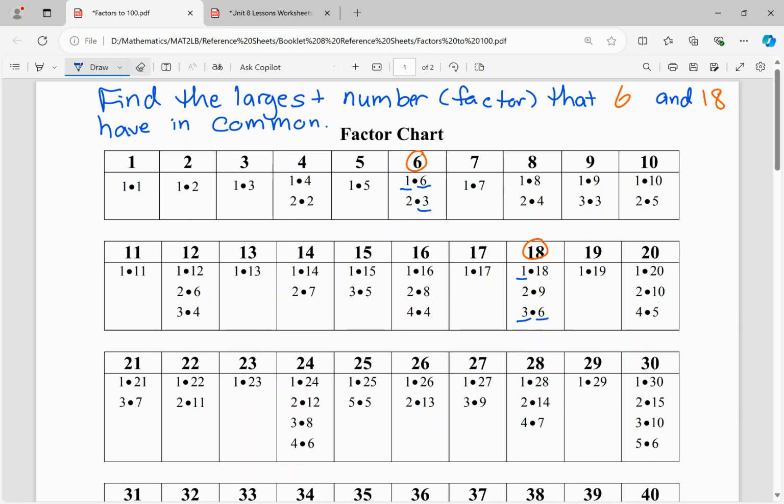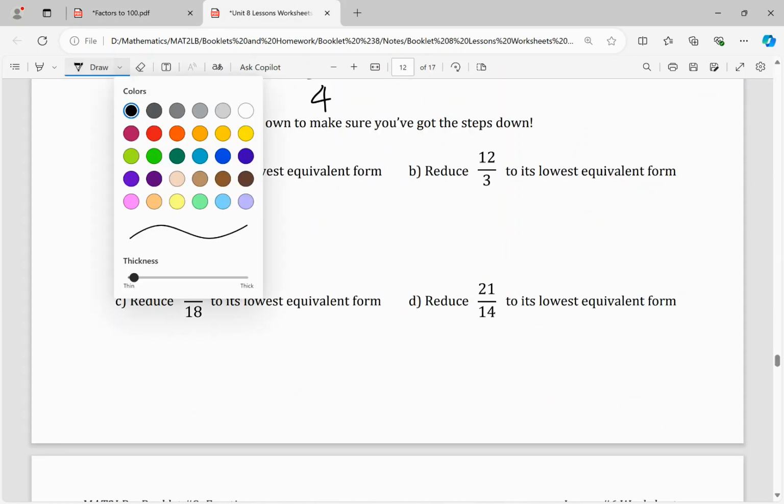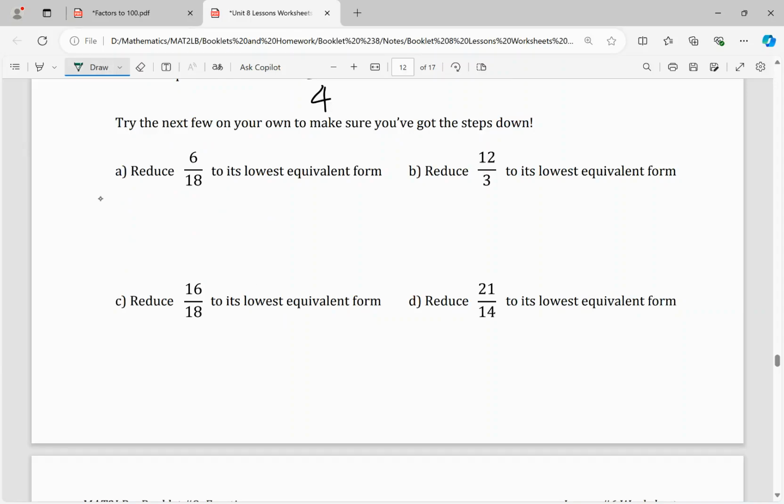So it's great that they have all of these numbers in common, but really the only one that we care about is the 6, the largest factor that they have in common. So in this situation, we say that the GCF is equal to 6.